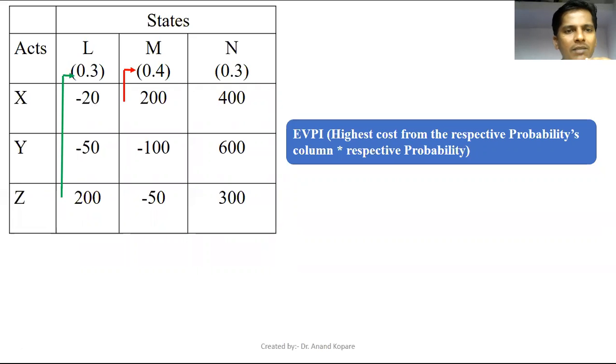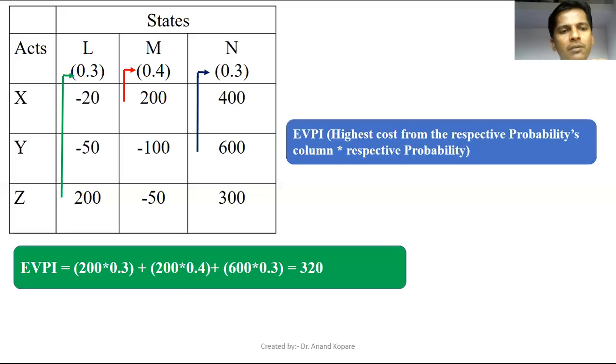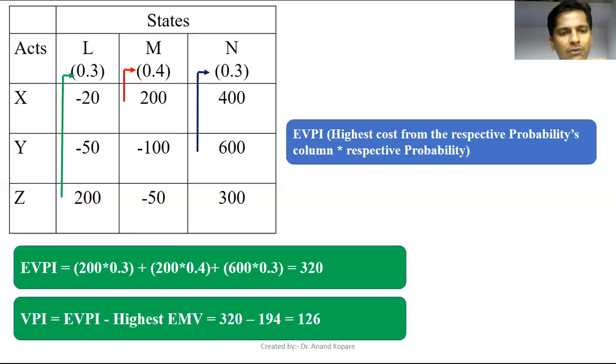From the next column, the highest payoff is 200, so 200 into 0.4, plus from the next column, the highest payoff is 600, therefore 600 into 0.3. Likewise you find the value of EVPI. EVPI is 320.